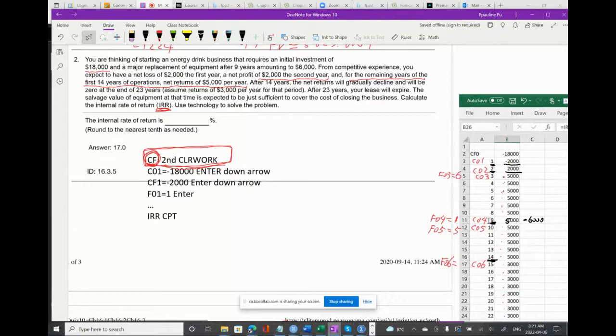But remember in year 9, you also have expense money outlay 6,000. At the same year, you have money inflow 5,000. So the net effect would be negative 1,000 at year 9. I pause for a moment to see if you have questions about this.